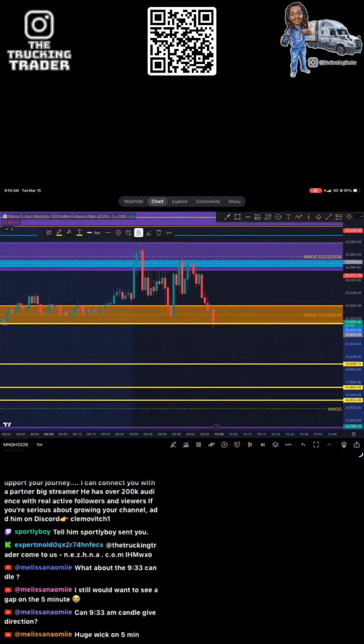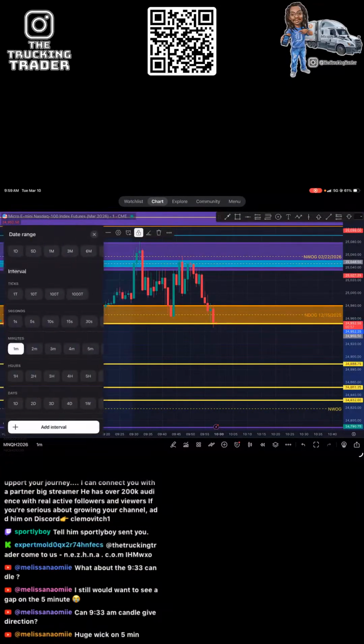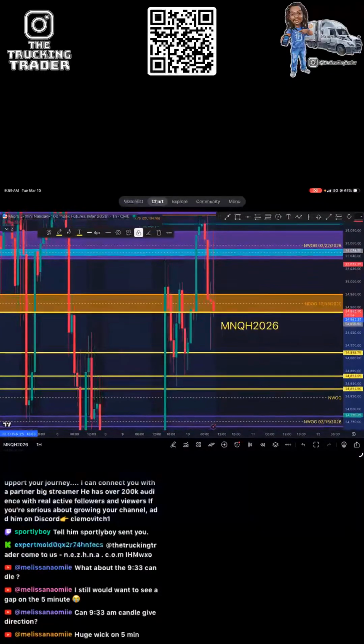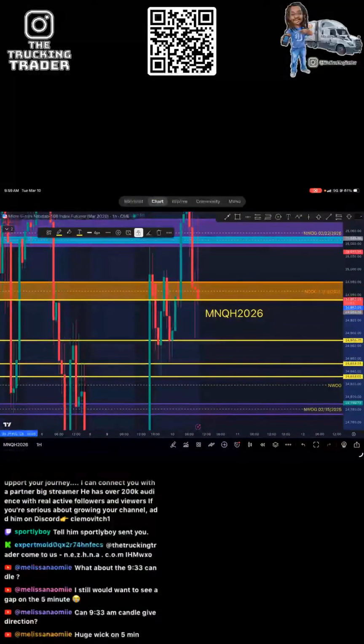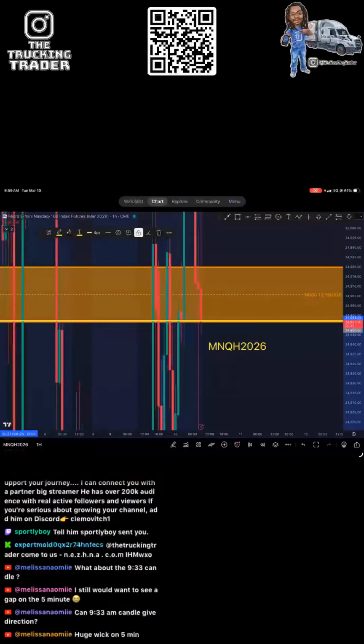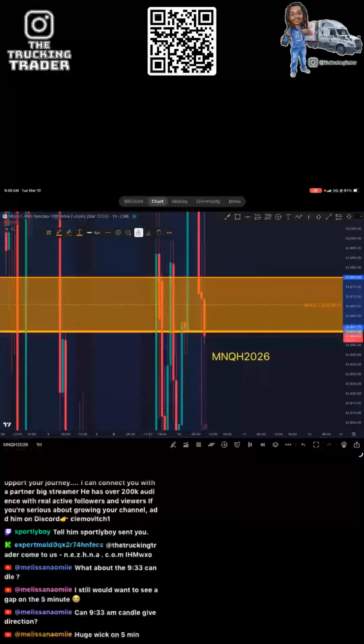So we just swept one area of liquidity on, what is this? This low right here.